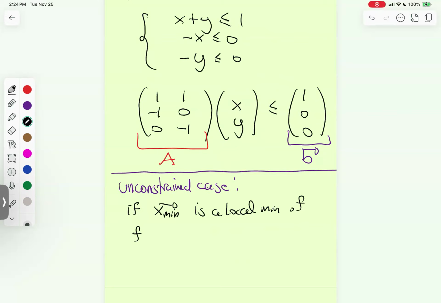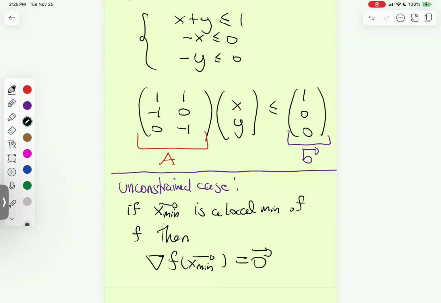And if you are a critical point, then the gradient should be 0 at the local minimum. That's the same for a local max, but that's what you would call a necessary condition. It has to happen for sure.